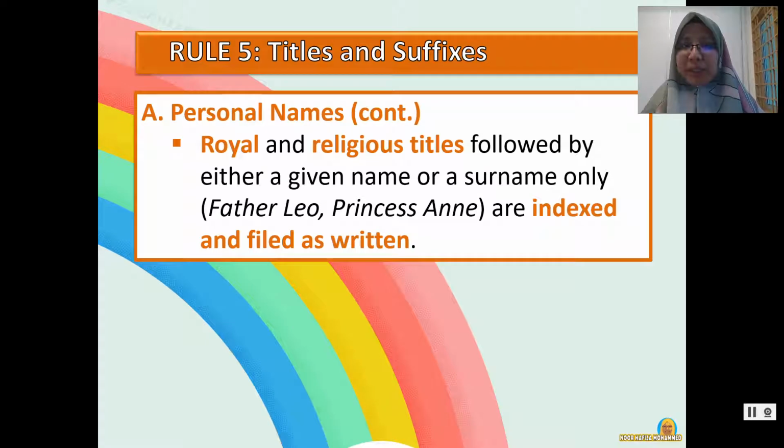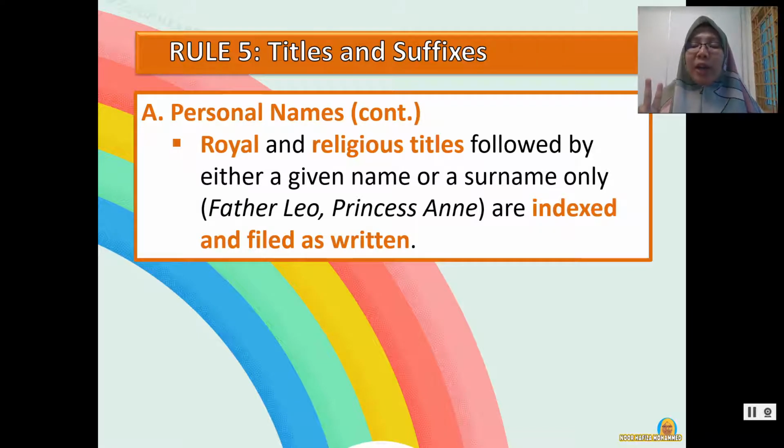For example, the royal names Prince Anne, Prince Edward, Queen Elizabeth, Princess Diana, 2 filing units only. And for the religious titles, for example, Ustad Azhar, Father Leo, Mother Teresa, Bishop Edward.